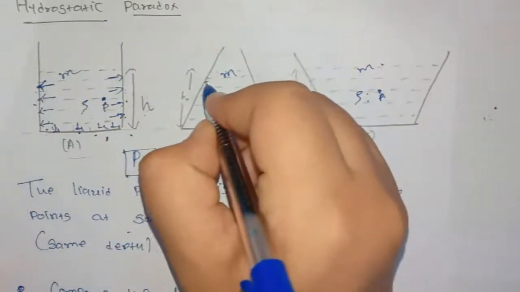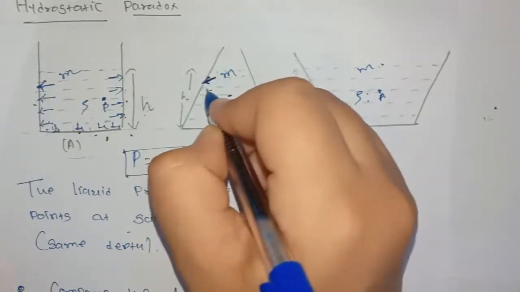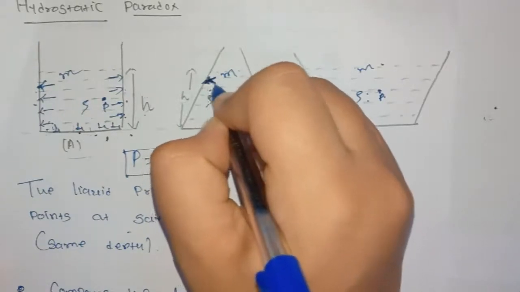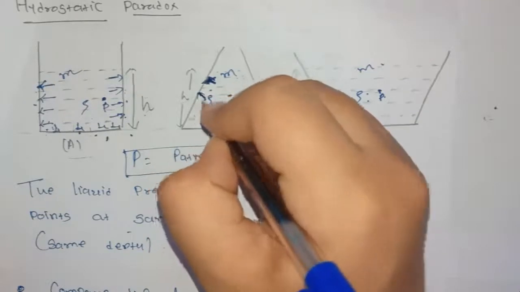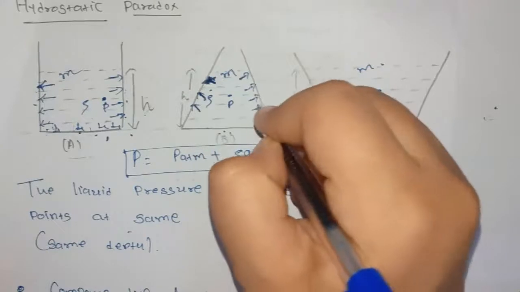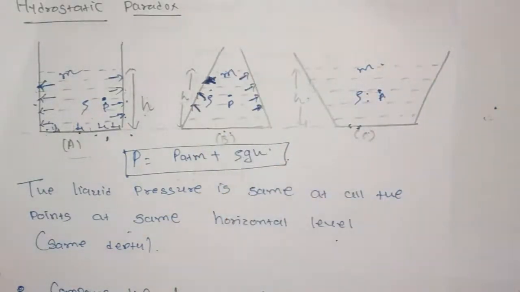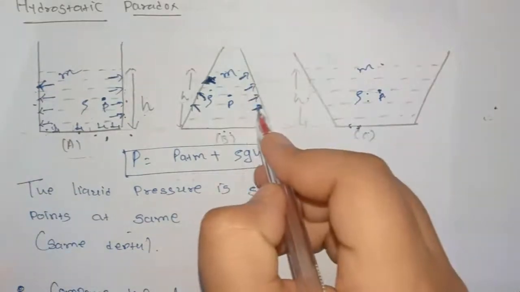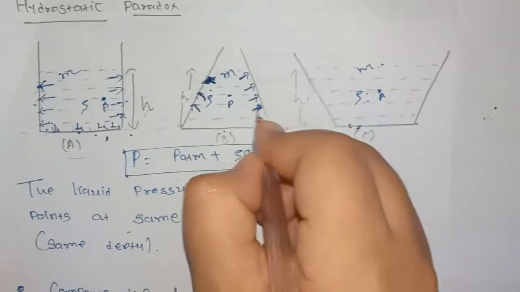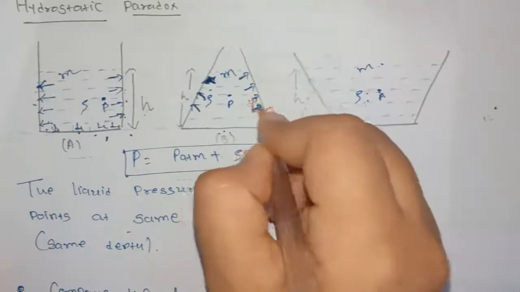Here the pressure will be acting along this direction, normal to the surface. This pressure will create a force. If we divide this force into components, one will be horizontal and one will be in the vertically upward direction.